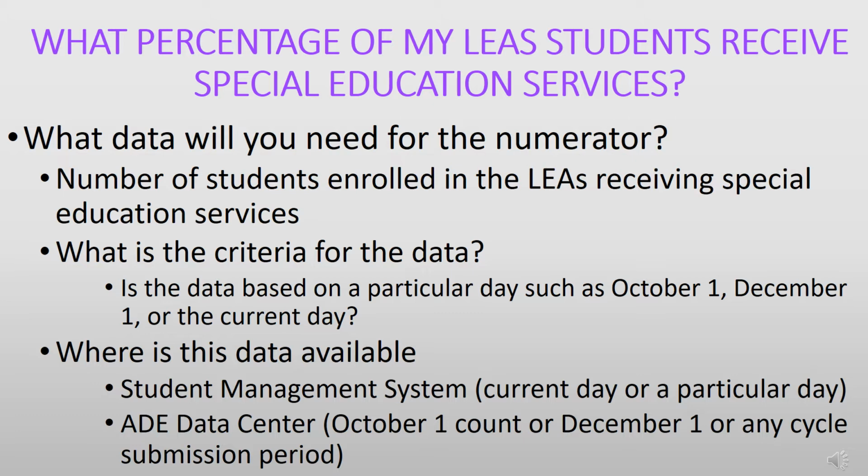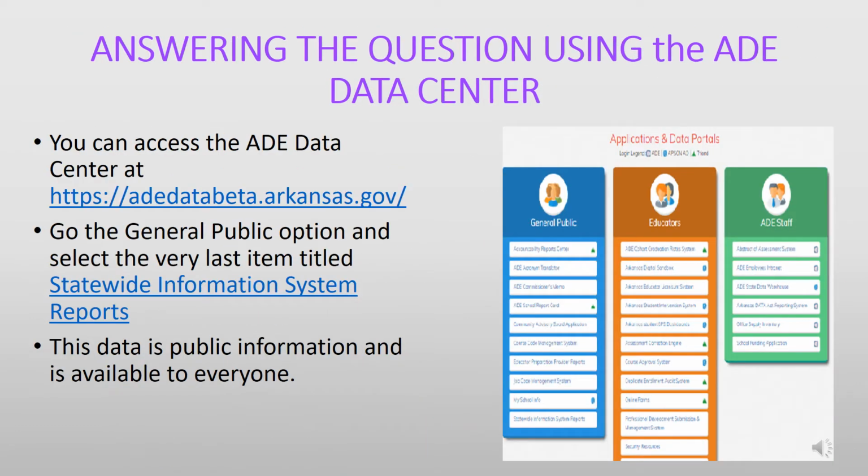period. For our example, we will use the ADE Data Center and the October 1, 2017 counts to answer our question. To answer the question using the ADE Data Center, you must first go to the Data Center website. You can access the Data Center at https://adedatabeta.arkansas.gov.